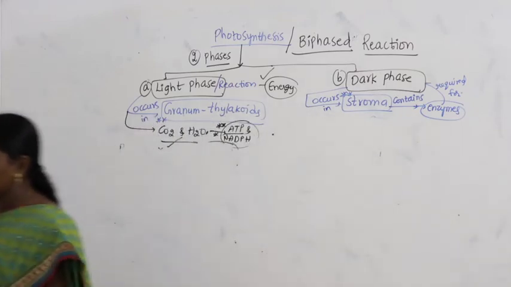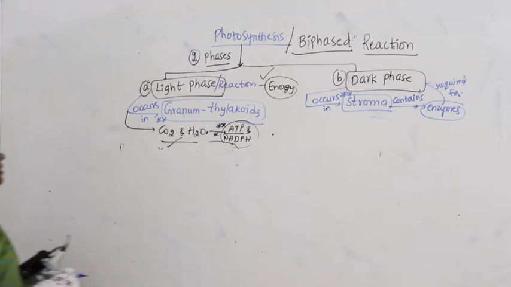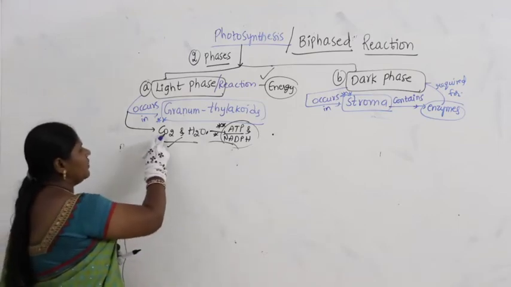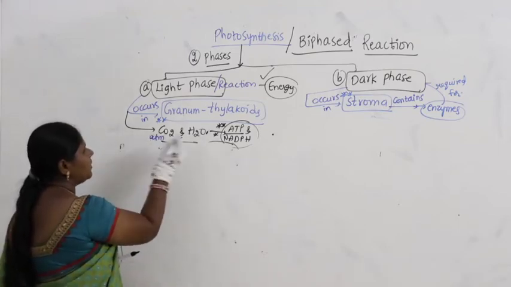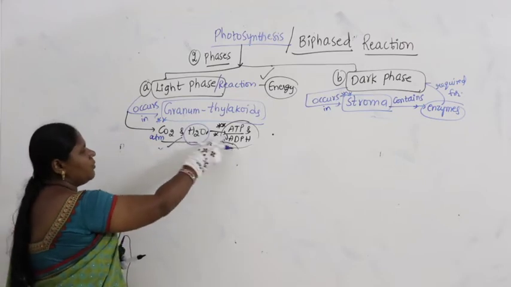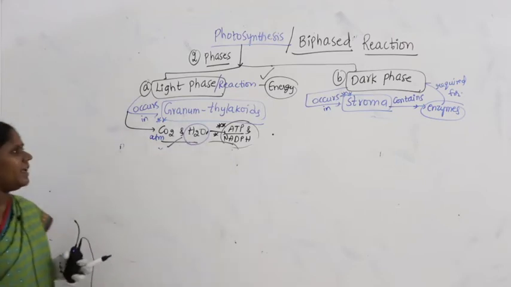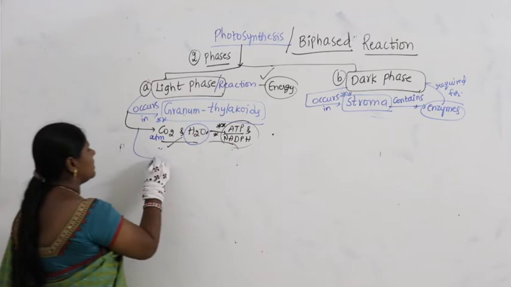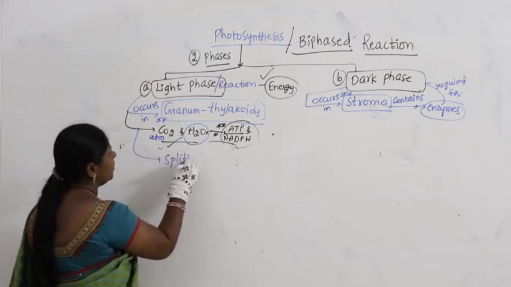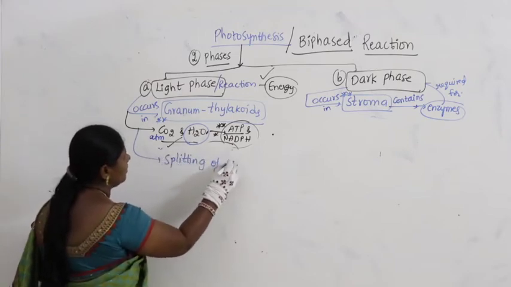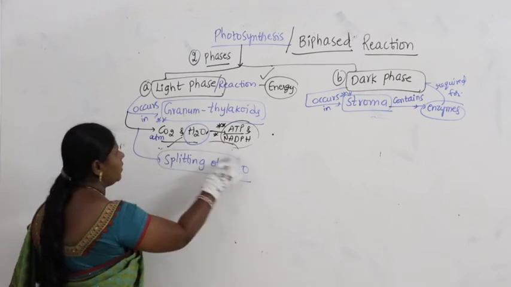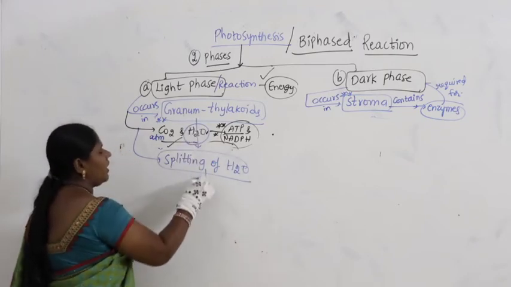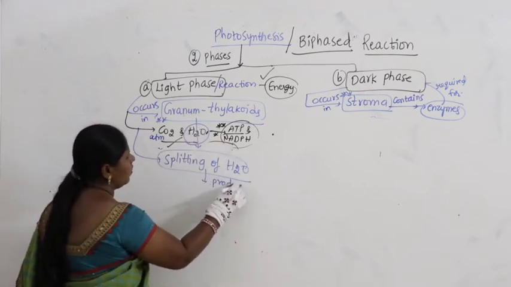Here, it will take carbon dioxide from the atmosphere, water is there, and it produces ATP and NADPH. Now, splitting of water occurs, and water splits and produces oxygen.